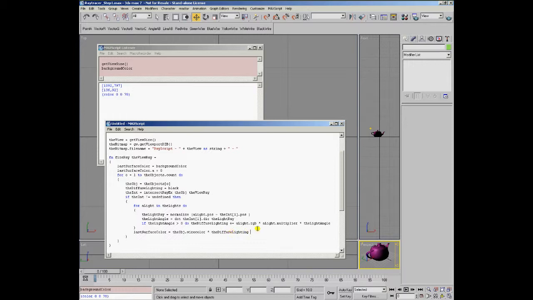At this point, we're not dealing with materials. We're going to implement this later. At this point, we are only going to use the wireframe color and the diffuse lighting model. In the end, we can return the last surface color.